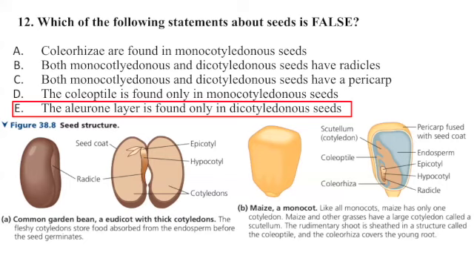They're blurring together. But you had a question about the importance of the aleurone layer, right? That's the layer that actually gets broken down to feed the embryo. And so it would make sense that both monocots and dicots had that, and not just dicots.